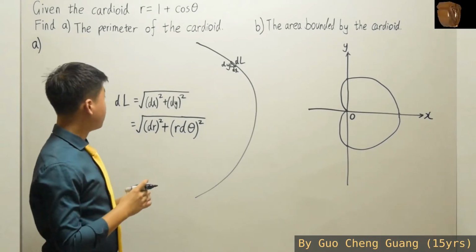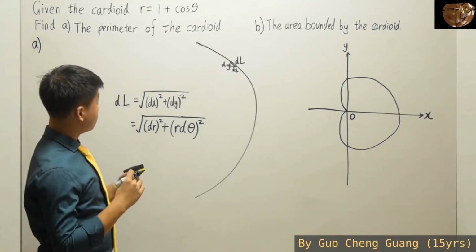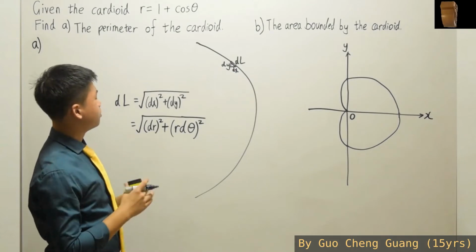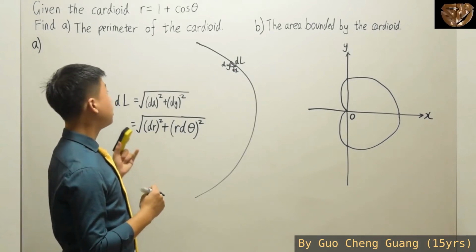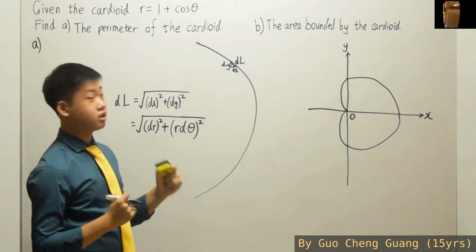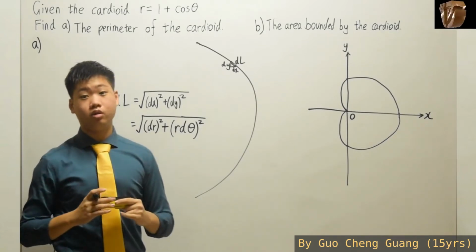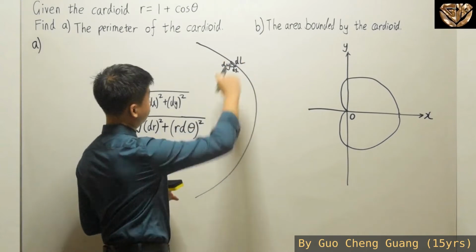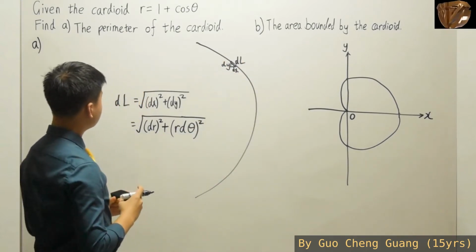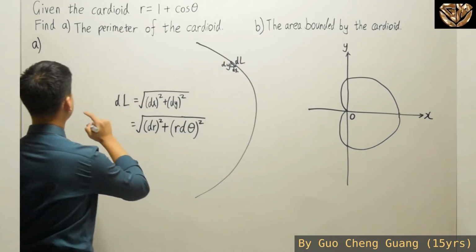These two parts are perpendicular to each other, so you could use the Pythagoras theorem to find your little length over here. So how about let's use this part.